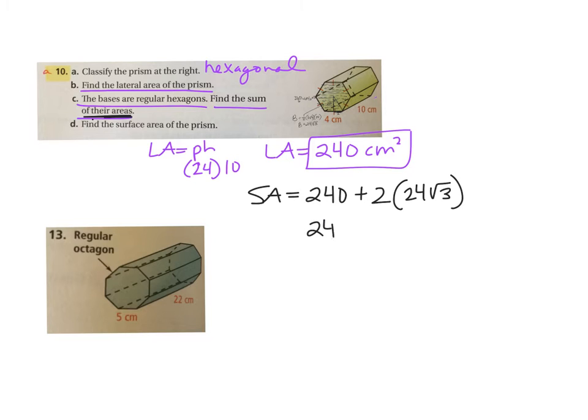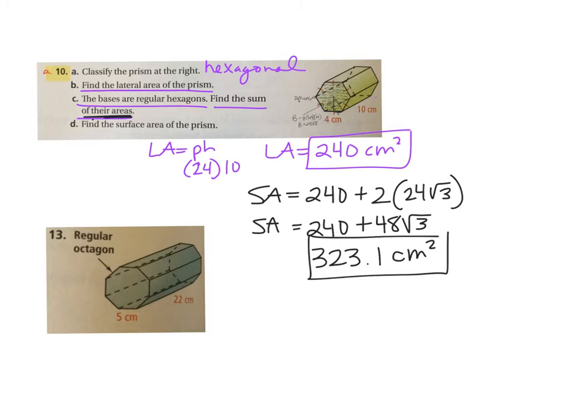So the exact answer would be this, 240 plus 48 rad 3. Typically on these ones, you just plug that in. So 240 plus 48 rad 3 is 323.1 square centimeters.